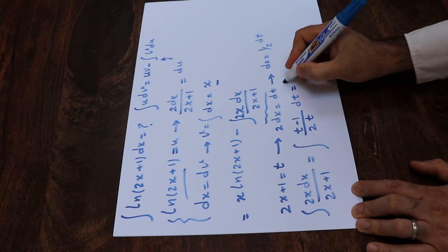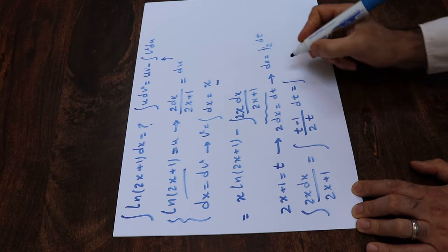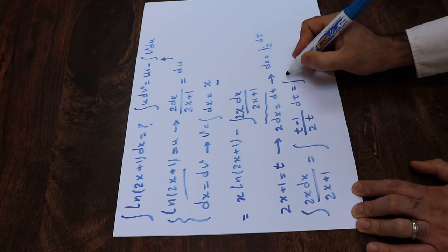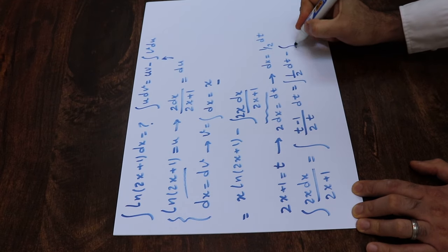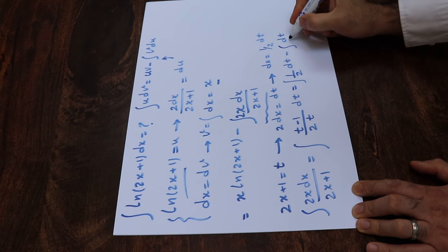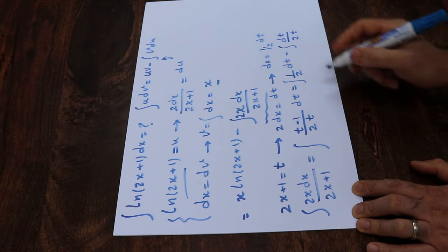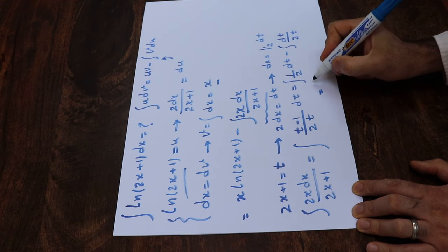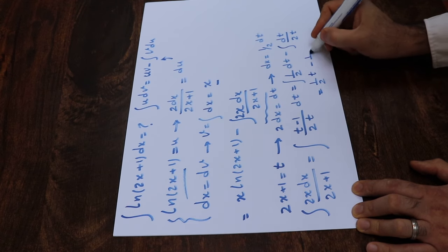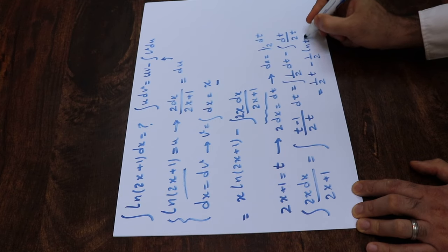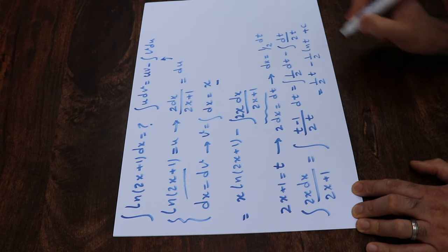That will be equal to the integral of (t/2t) dt, minus the integral of dt/(2t). This will be equal to 1/2 times t minus 1/2 ln t plus c, which is the constant of integration.